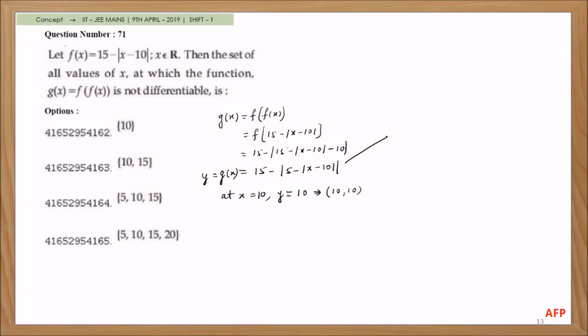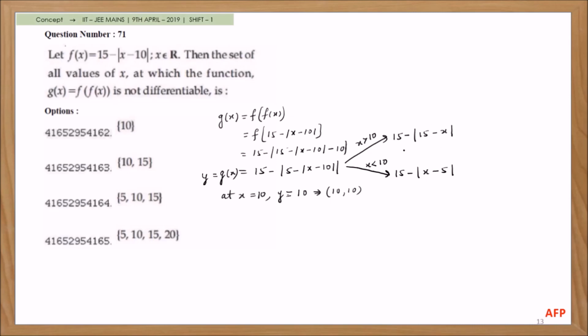Next, if x is greater than 10, this is positive, and its equation will be 15 minus x you will get. If it is less than 10, this equation will be reversed, and you are going to get 5 plus x. Okay, so this is next.